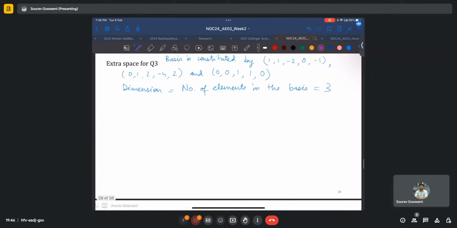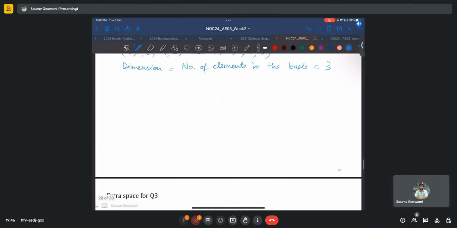Otherwise it's easy. And I also tried doing this with the columns, and this is what I got.